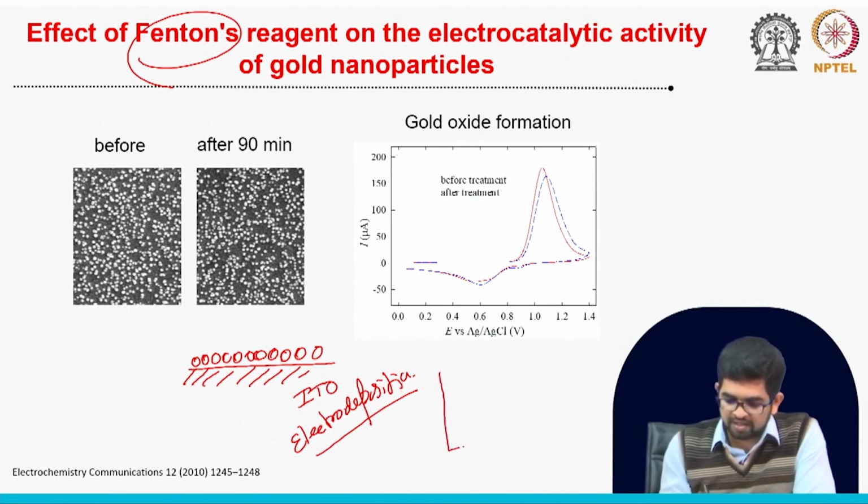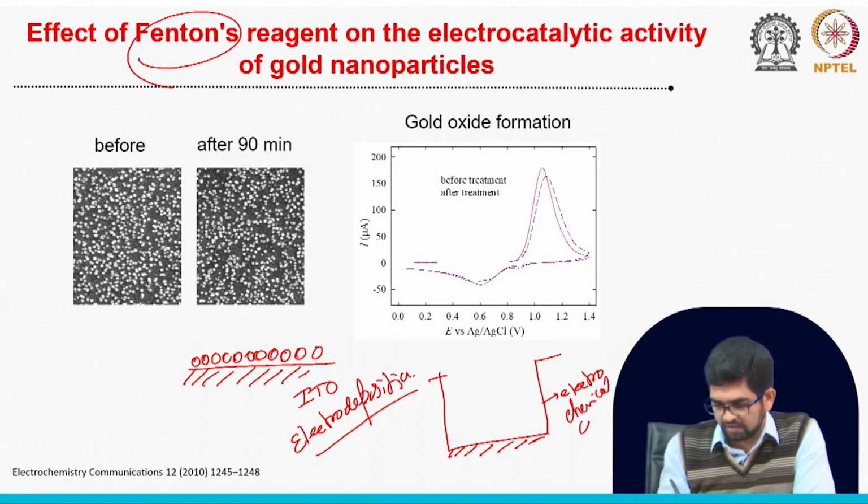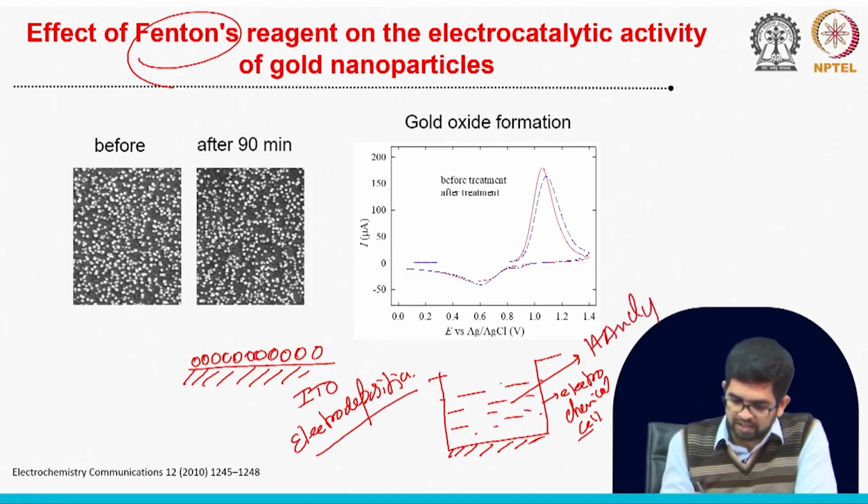You can take your ITO electrode in the electrochemical cell. Here you can use a gold salt solution, right? Which gold salt? Chloroauric acid, HAuCl4, and here you can put one reference electrode and one counter electrode.